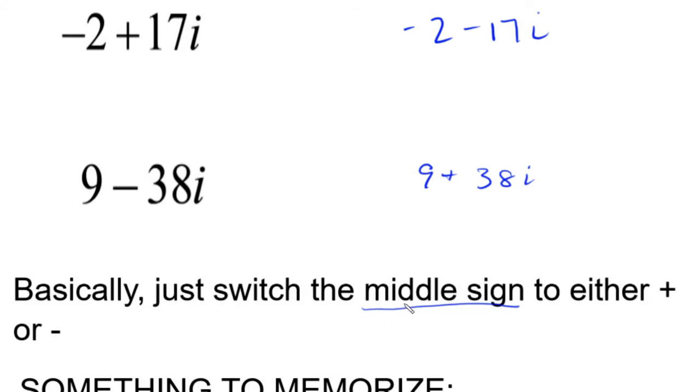If it's in your standard form, then you change it, right? I like how my notes just immediately say, right, only in a plus bi form, right? Then this is true.